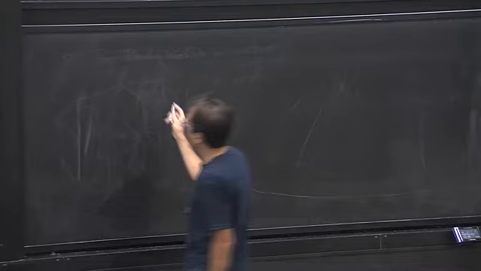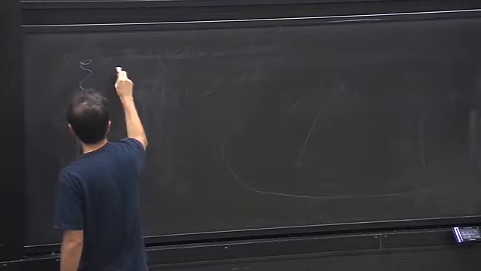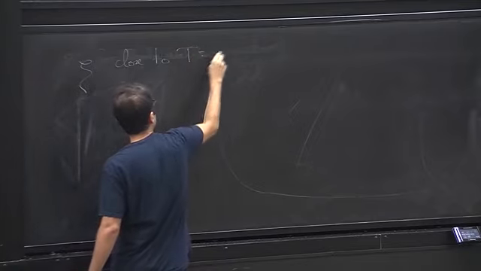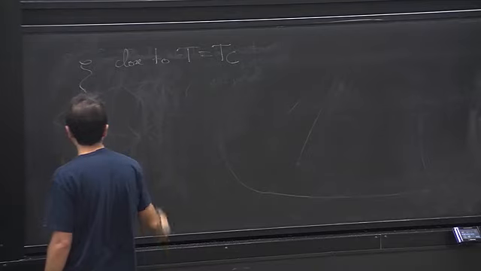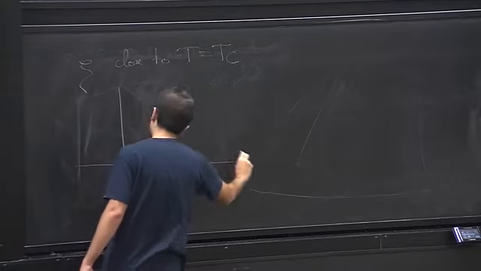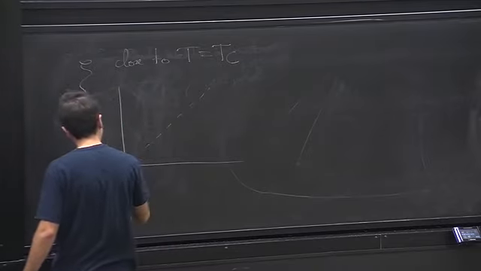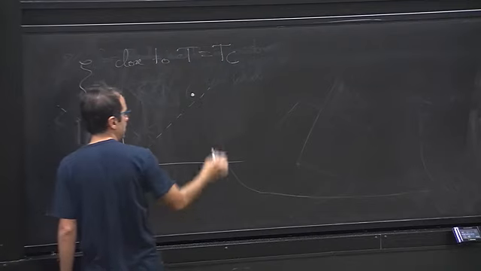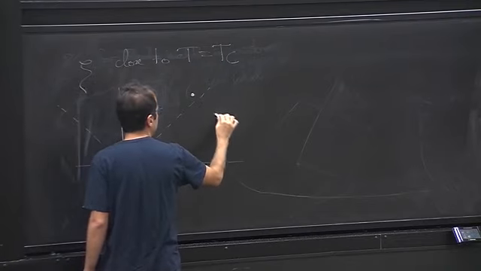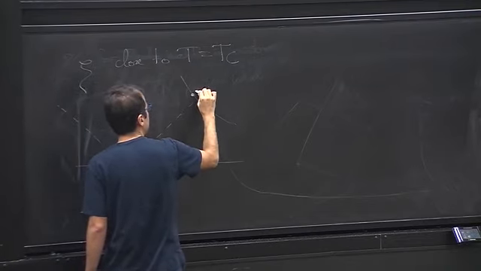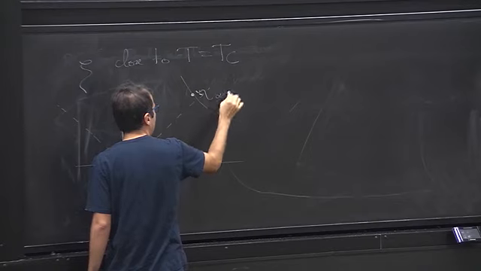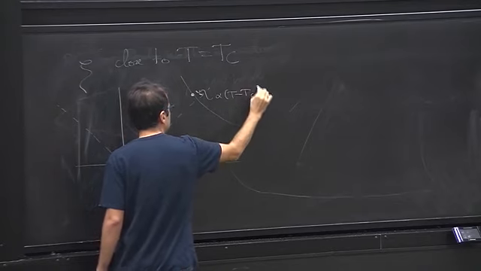Now, let's ask, how could I estimate what my xi is close to T equal to the critical temperature? I'm close to the critical temperature, so there was this line, and here I am some distance apart, some epsilon or some alpha times T minus the critical temperature.